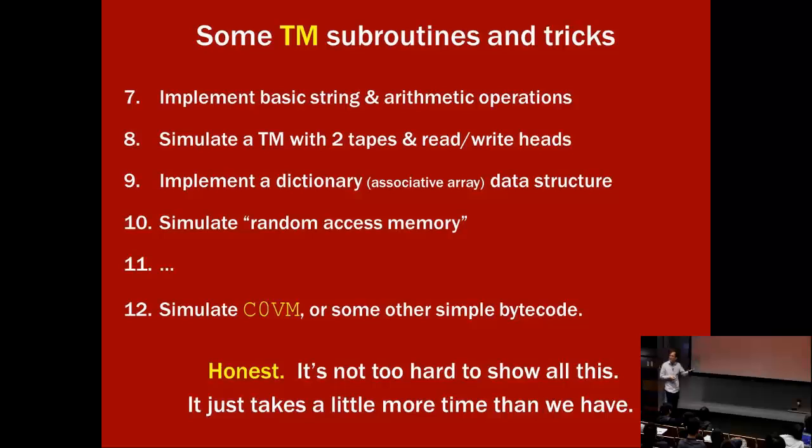And this is maybe a key step if you really want to show that Turing machines can simulate C0VM or assembly language. Because in assembly language, usually you have some indirect memory lookup where you write the address of a tape cell, and then you automatically get the contents of that cell. If you want to simulate that, you need some kind of data structure for the memory. You can do that too.